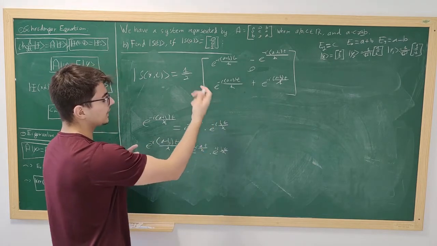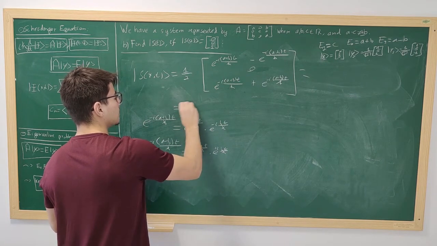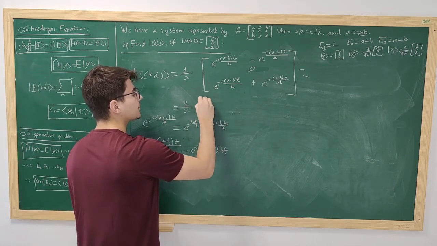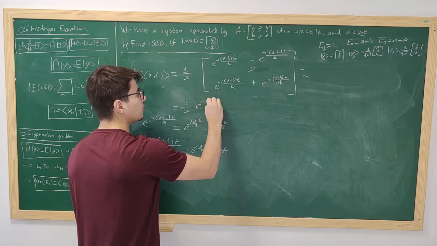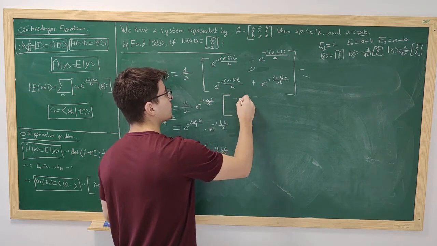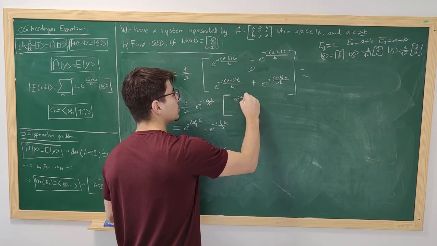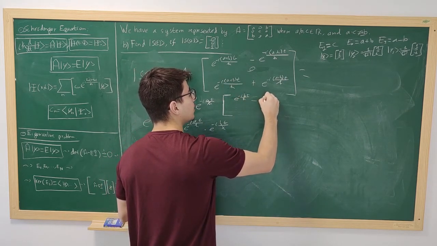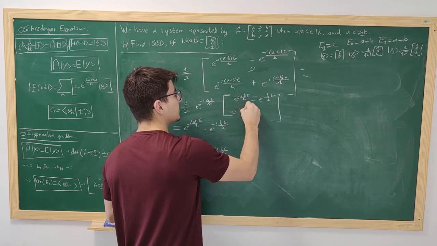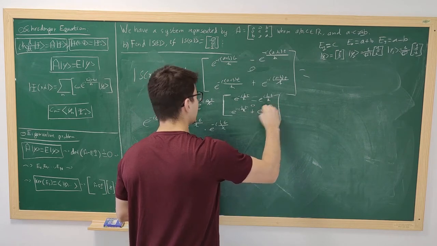So we can take out e to the minus i a t over h bar from all the terms, write 1/2, and we end up with e to the minus i b t over h bar minus e to the i b t over h bar, 0, and e to the minus i b t over h bar, e to the plus i b t over h bar.